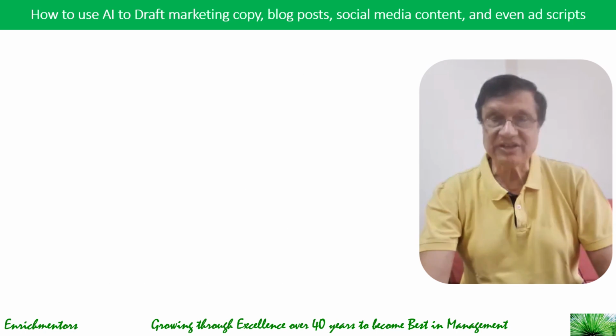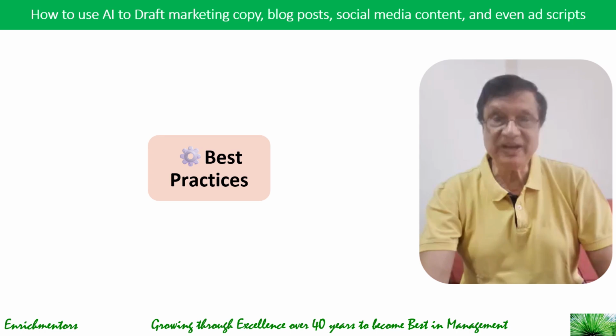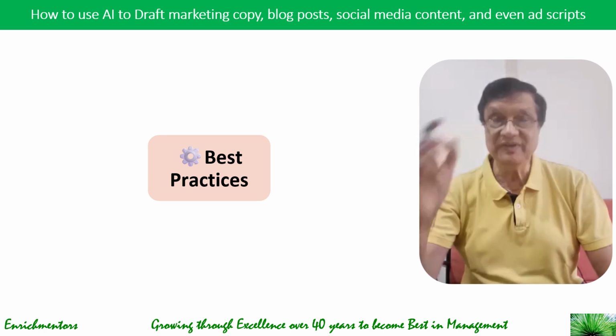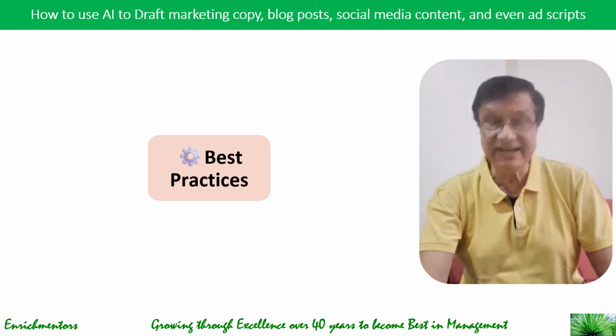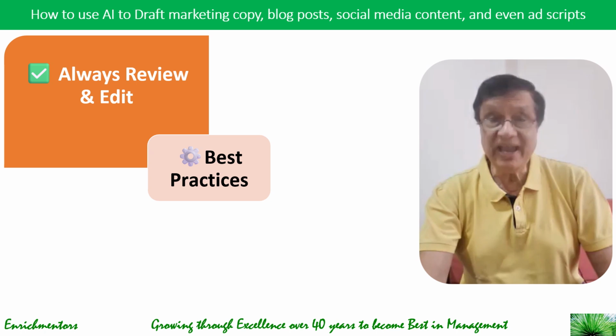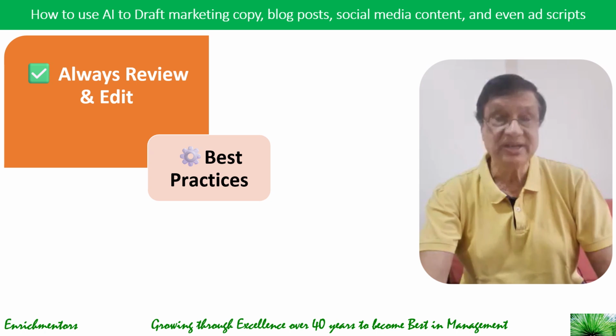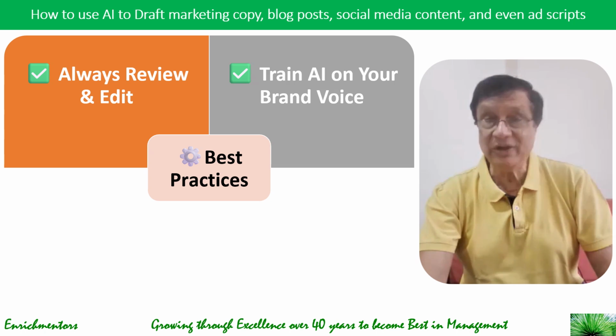So what are the best practices? The first thing is to always review and edit, because AI is AI, right? AI gives you a fast draft, but you need to make sure the human tone and the context are still there, because they matter. Then train AI on your brand voice.